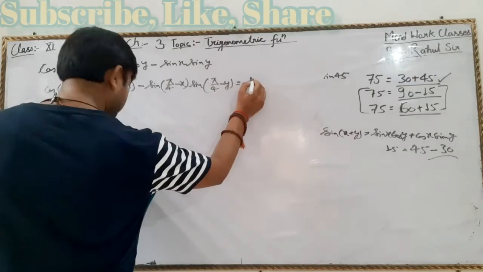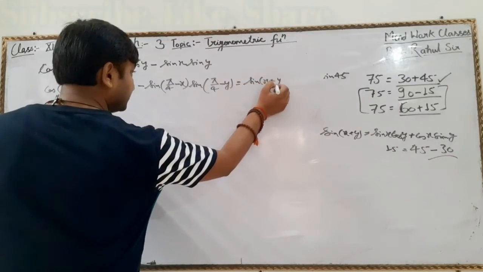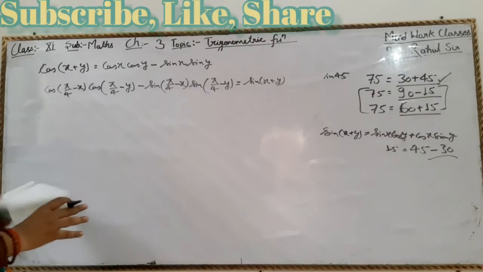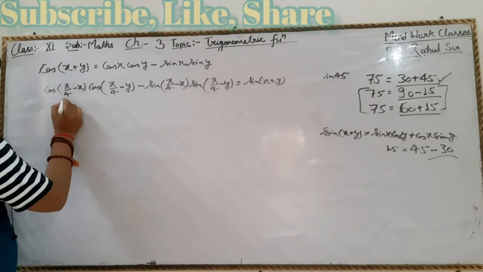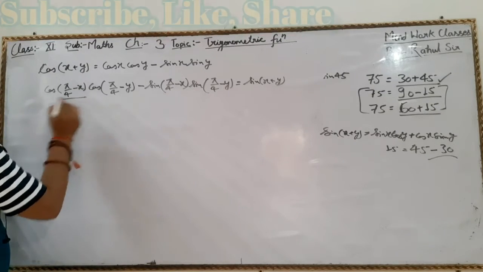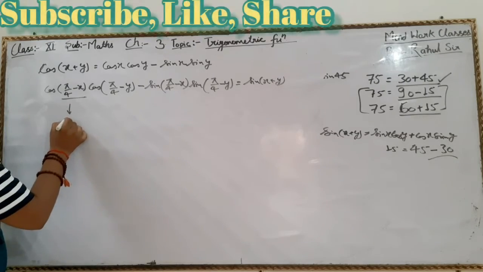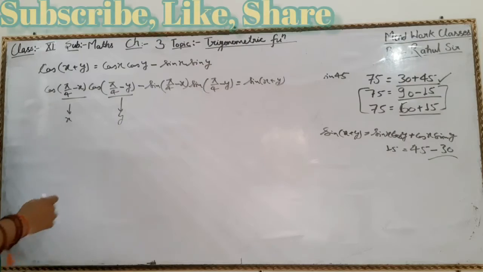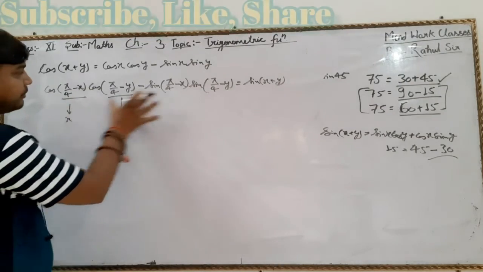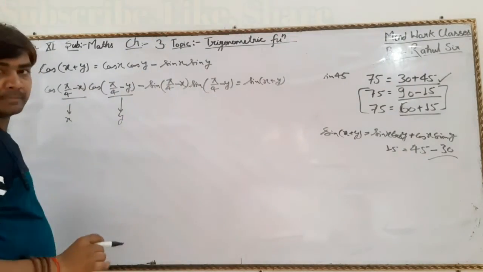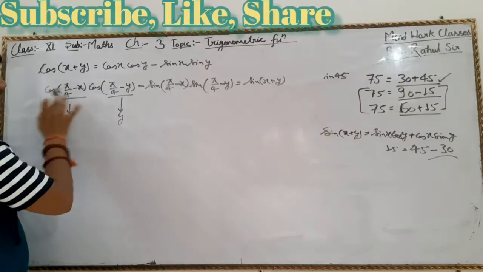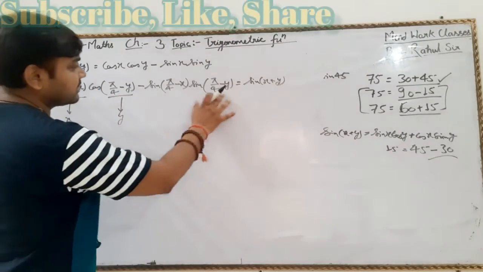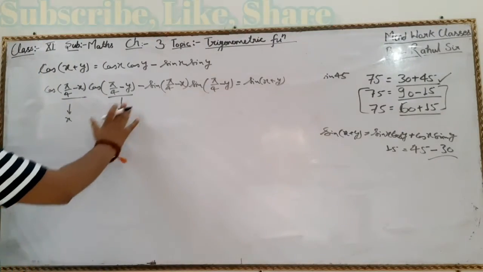We have to prove this equals sin of x plus y. Okay, listen. Look here. If we assume that pi by 4 minus x is equal to a and pi by 4 minus y is equal to b, then compare this whole thing: it is just similar to cos a cos b minus sin a sin b.